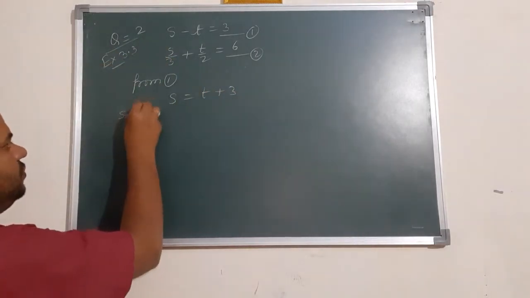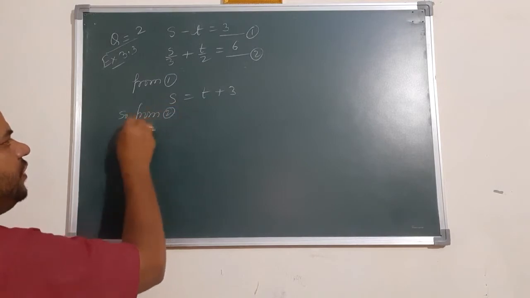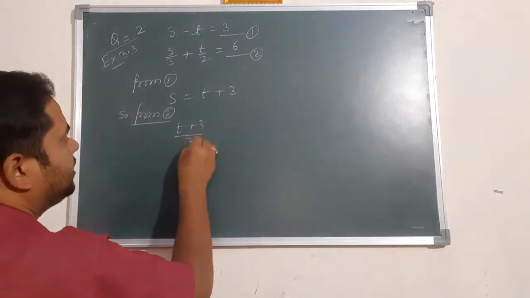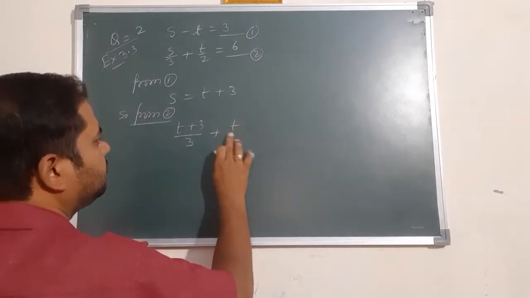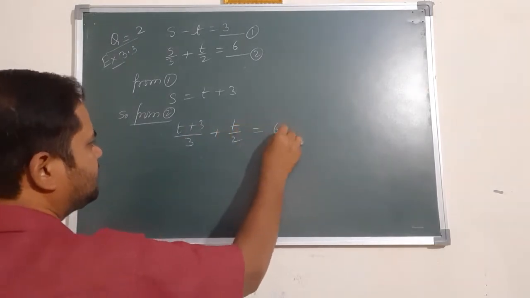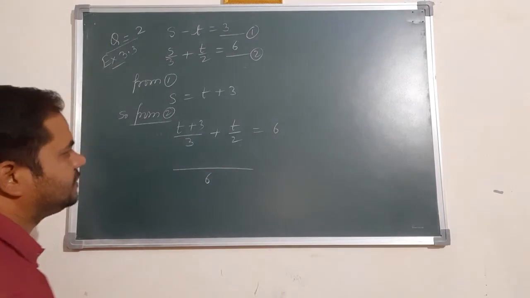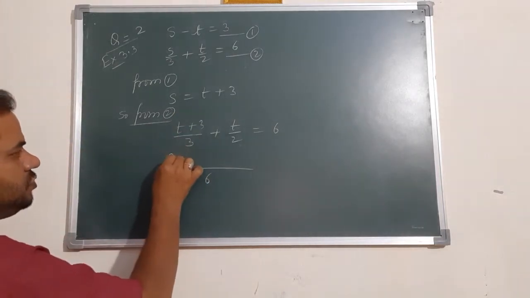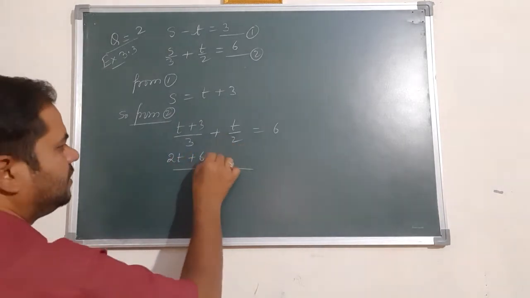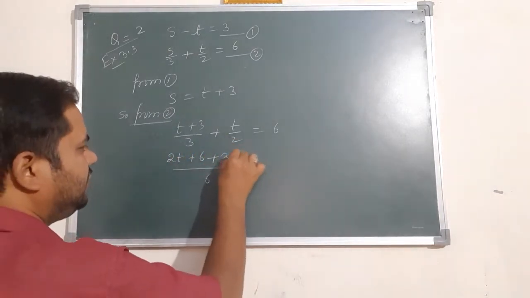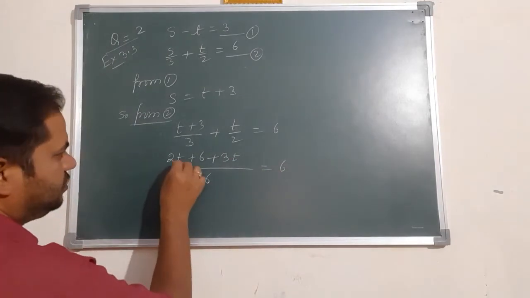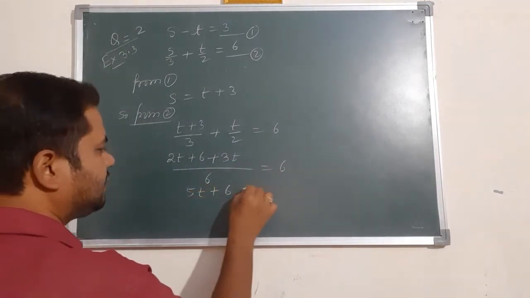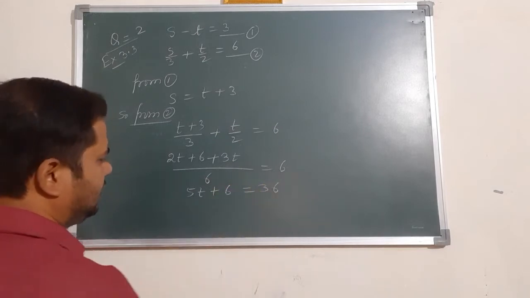So from 2 we put this value of s here: (t plus 3) by 3 plus t by 2 is equal to 6, and now the LCM is 6, multiply both sides by 6: 2t plus 6 plus 3t, so 5t plus 6 is equal to 6 times 6, 36.